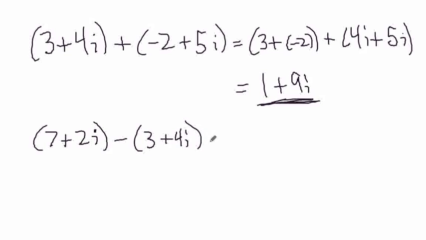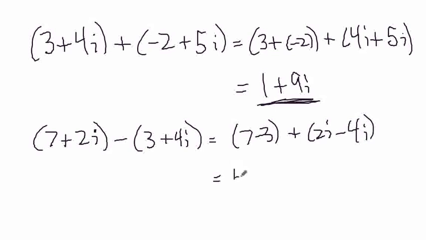Once again we combine the real parts and the imaginary parts, and so we form two differences. So 7 minus 3 would be the difference of the real parts, and then 2i minus 4i would be the difference of the imaginary parts, and all that would boil down to this new complex number, 4 minus 2i.